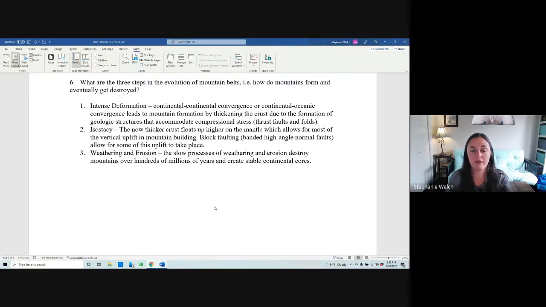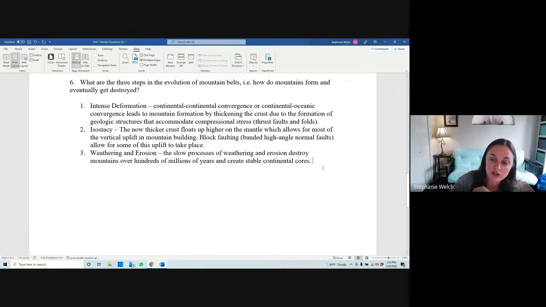So the largest mountains on Earth will, hundreds of millions of years from now, either be much, much smaller mountains, sort of like the Appalachian Mountains, or they will eventually erode down to completely flat, stable, tectonic is the word we use to describe this, but stable continental cores.